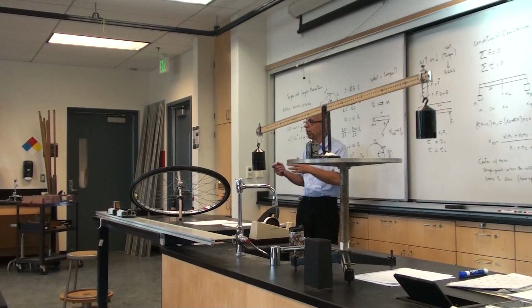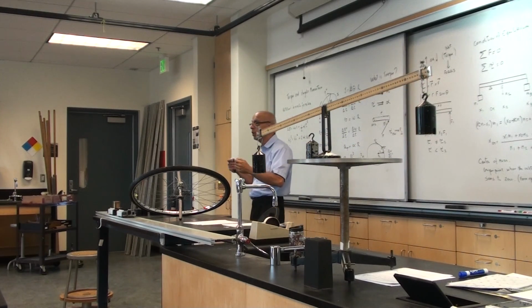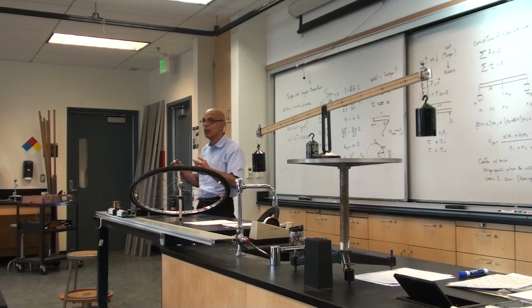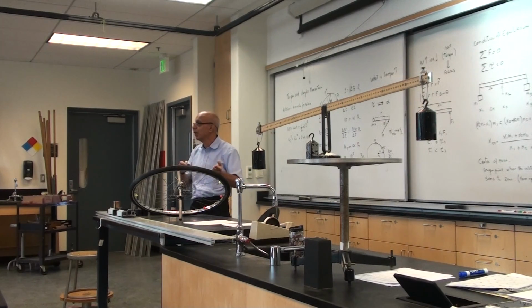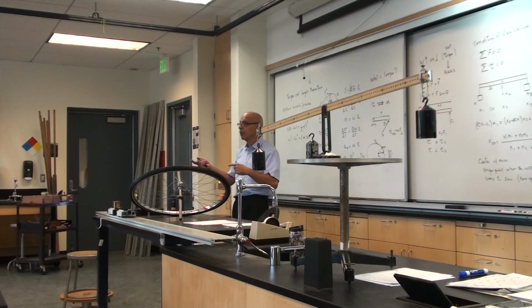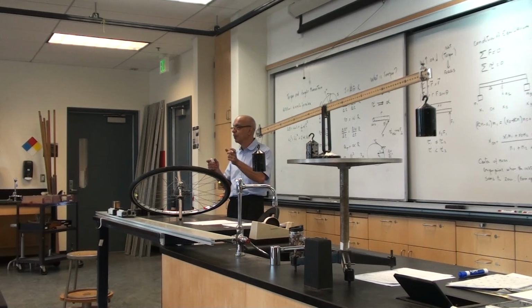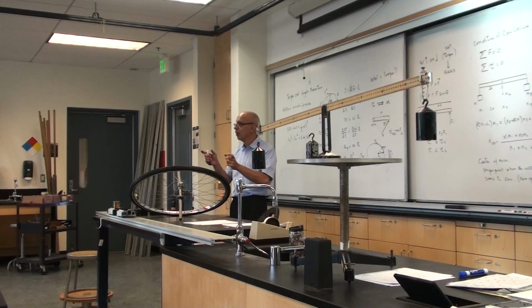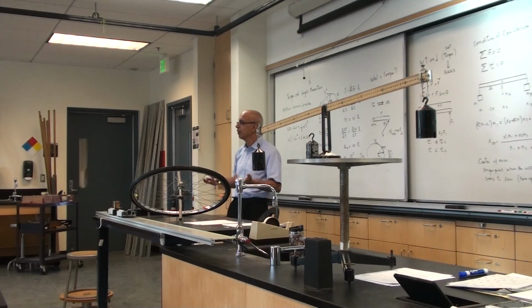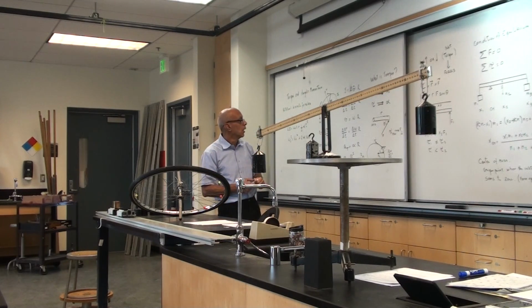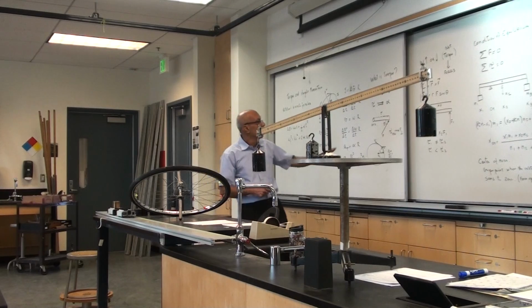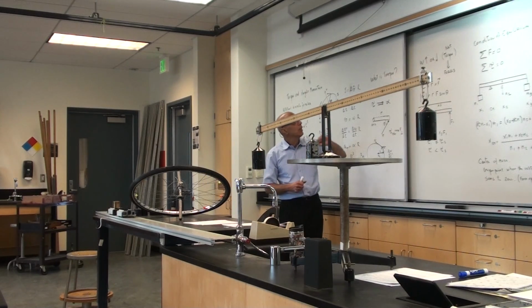The dot product is the product of two vectors, but that is a scalar. For instance, work is the dot product of two vectors, the displacement and the force, but work is not a vector, all right? So those are the main points that you guys need to remember.